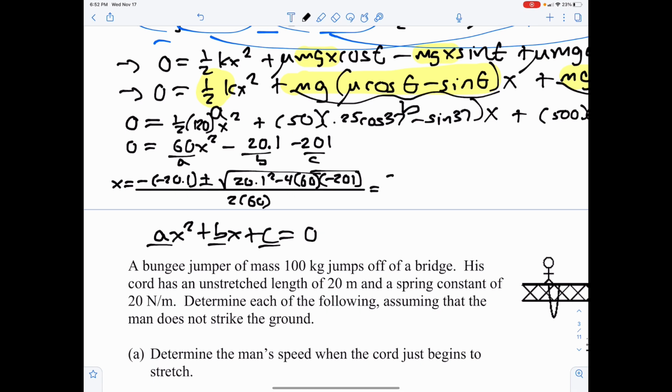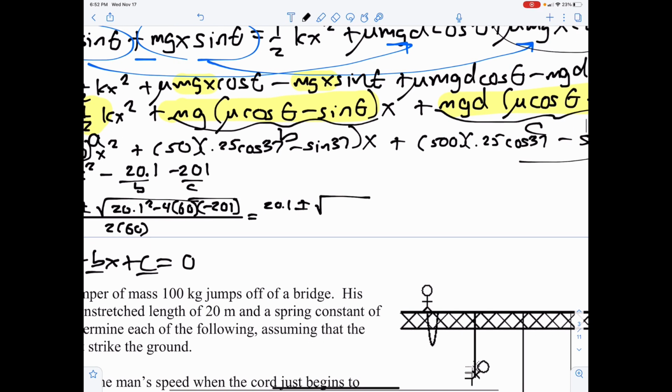Well, the negatives cancel, leaving you with 20.1 plus or minus the square root of 20.1 squared plus 4 times 60 times 201, and then take the square root of that, and we get approximately 220.55, roughly. And then on the bottom, 2 times 60 is 120.